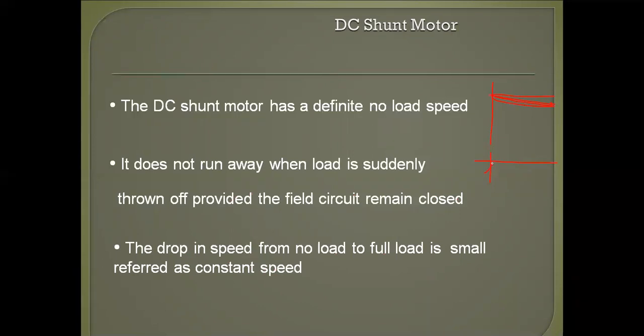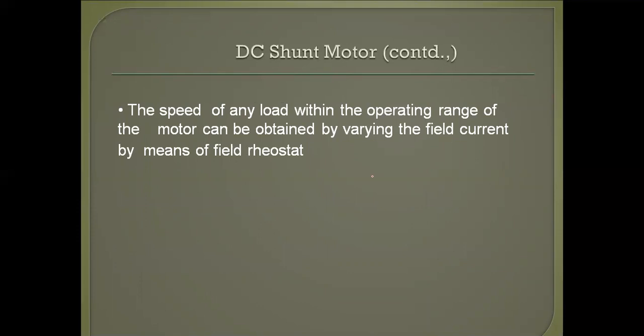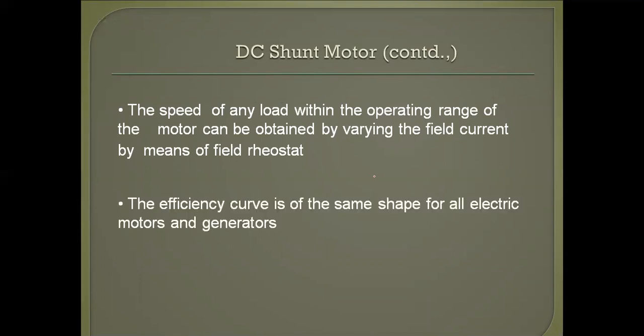If this is no load and this is considered as full load, the drop is very small, and we will consider the shunt motor as a constant speed motor. The speed at any load within the operating range of the motor can be obtained by varying the field current by means of field rheostat. We have armature control and field control methods.